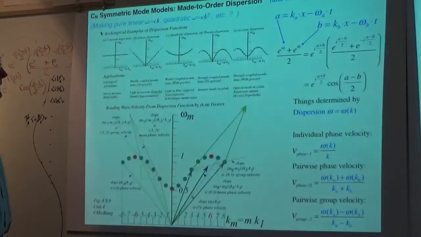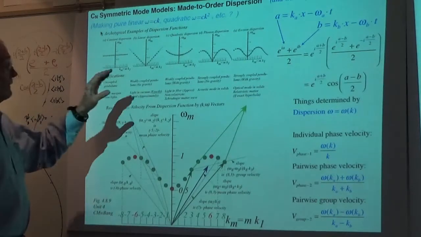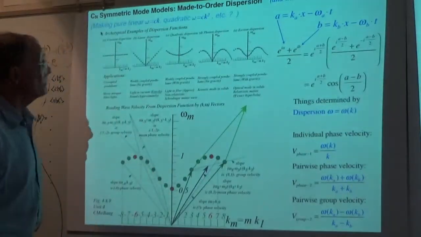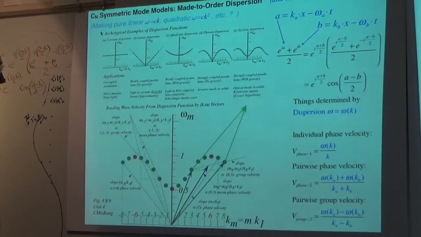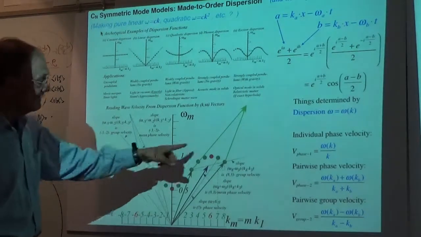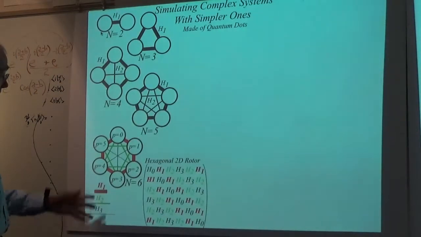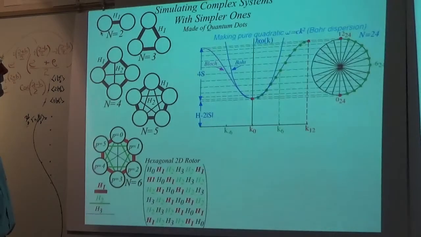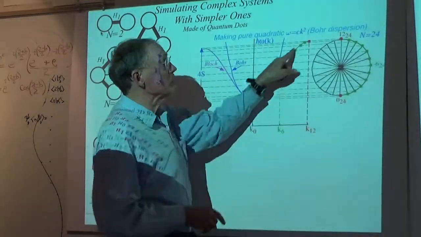Okay. Now, I'm going to go very quickly through this because this is really outside of our thing, but I want to make sure that you understand that with this you can have a made-to-order dispersion function. The dispersion function is the Fourier transform of the differential equation that gives us the equation of motion. And so you can have all kinds of crazy curves that you want, including, let's say for 6 or 12 or 24, including, well, the cosine is just what you get if you just do nearest neighbor.